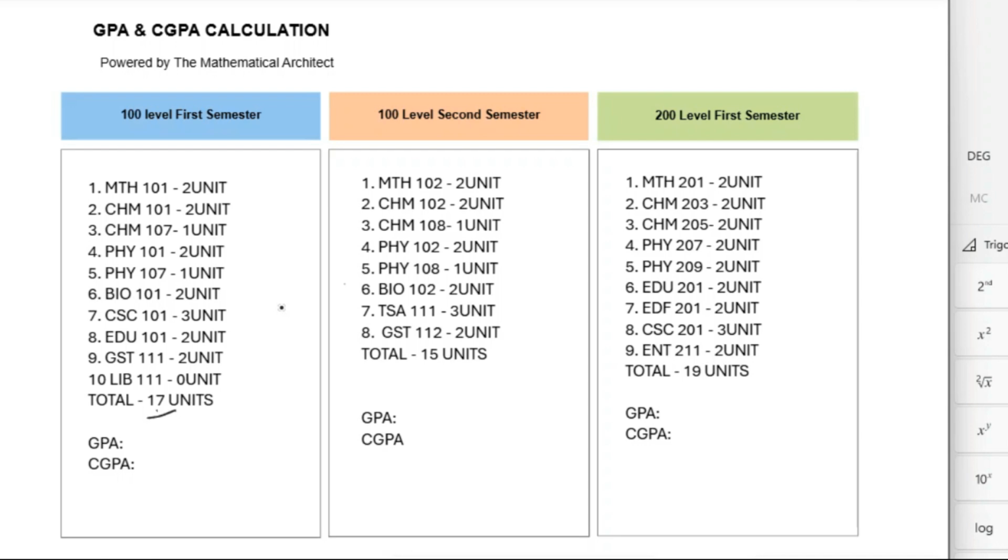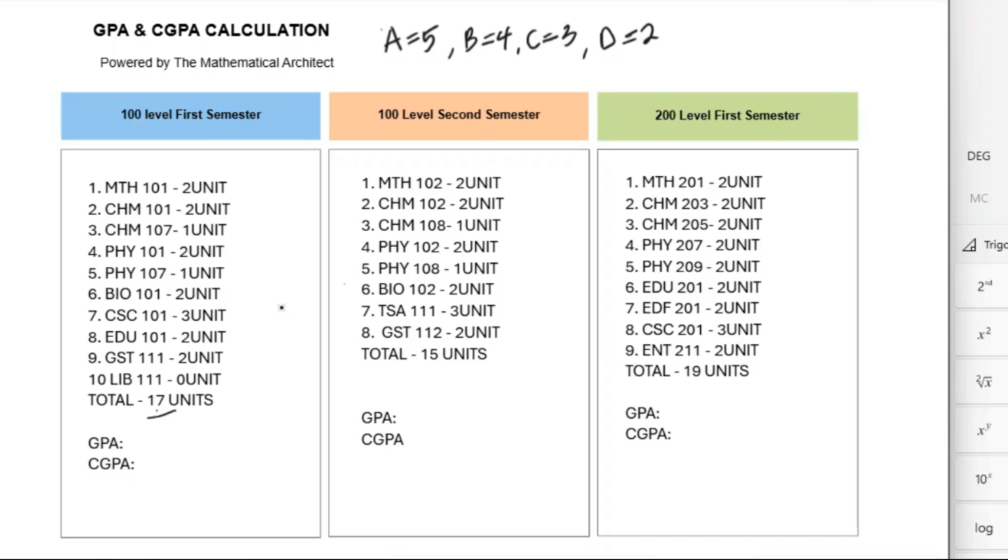So now there are basic things that you need to know. You should know that if your school is using a 5.0 GPA cumulative grade, your A is going to represent 5 points, your B is going to represent 4 points, your C is going to represent 3 points, your D is going to represent 2 points.